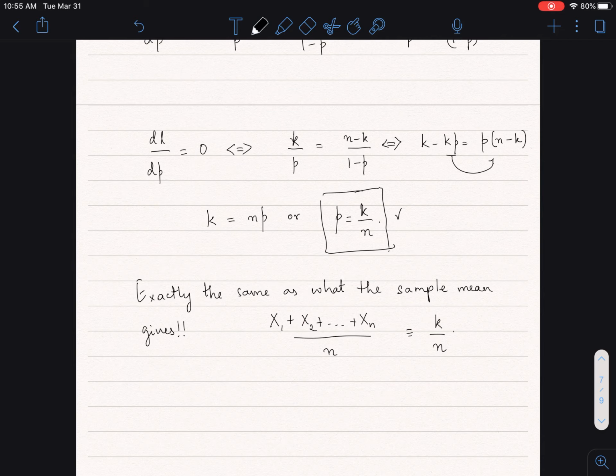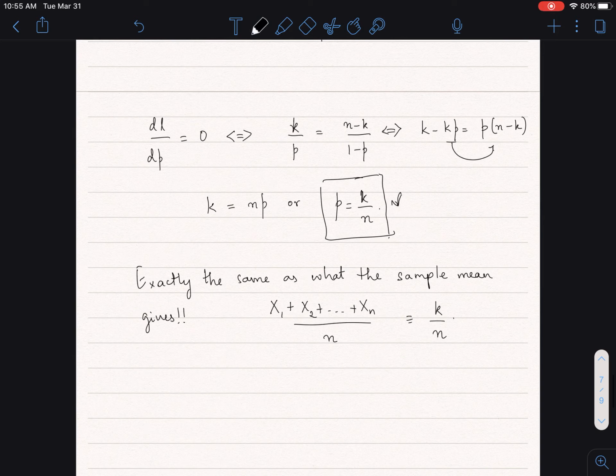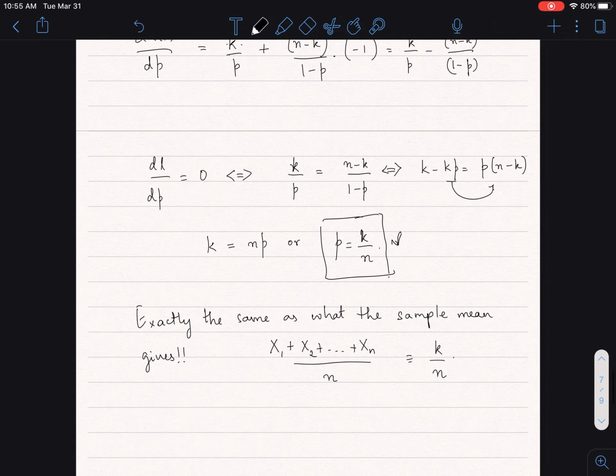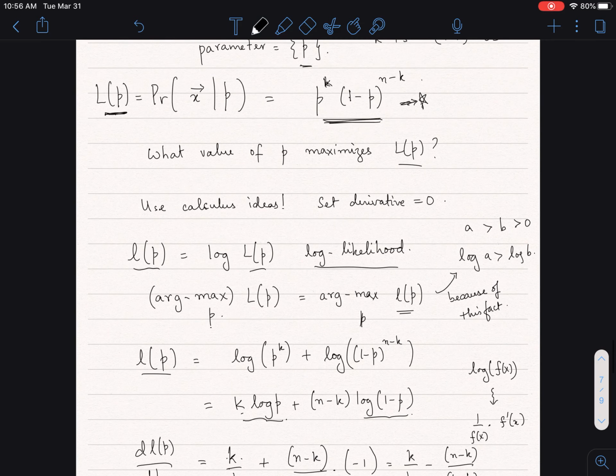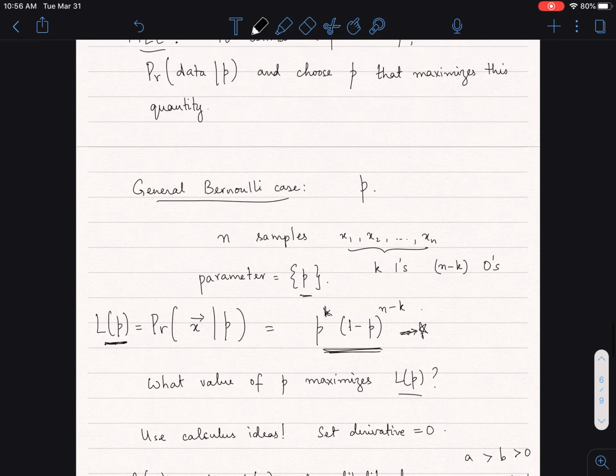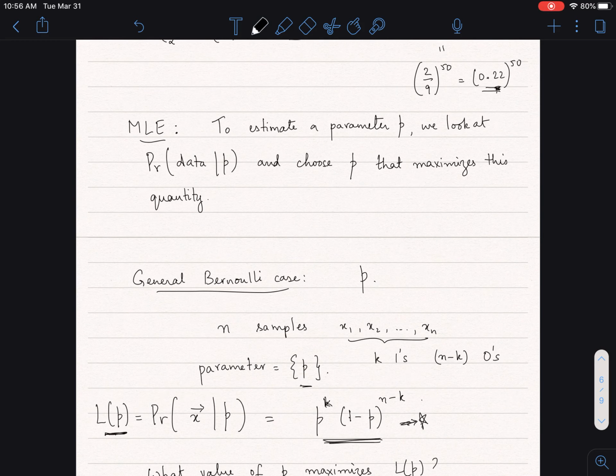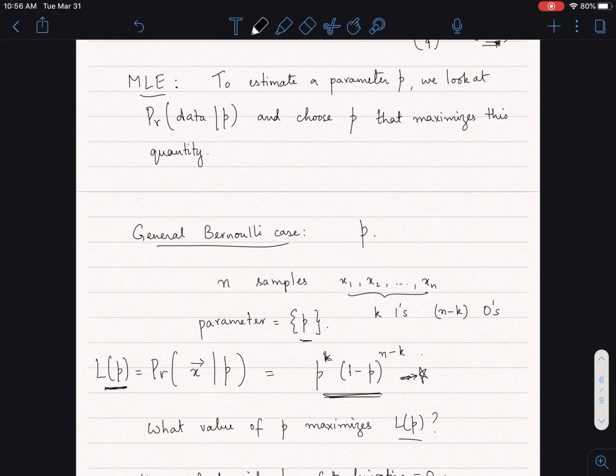So this is a nice coincidence, and it holds for a few simple cases, not all the time, but in some cases what we get via sample means also maximizes this log likelihood. And this is how the maximum likelihood estimator works in this simple setting of a Bernoulli.